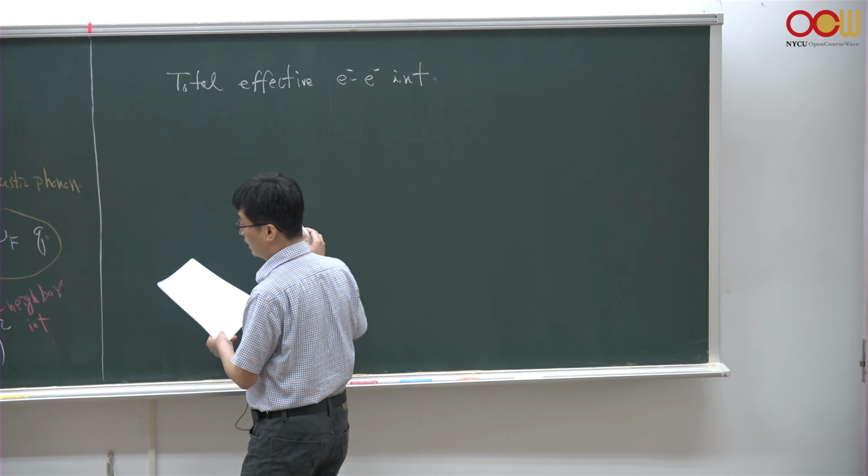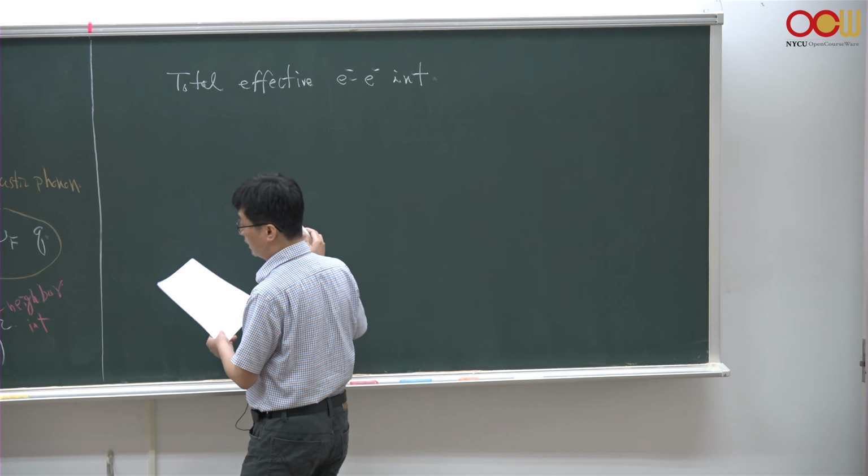As a result, the total effective electron-electron interaction is really attractive in the low temperature limit, and this is the source of the Cooper pair and superconductivity in ordinary metals, and this is what we will do right now.